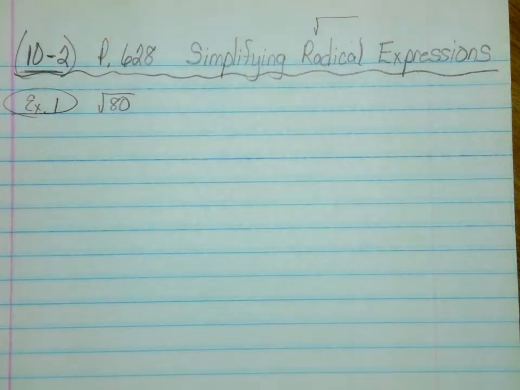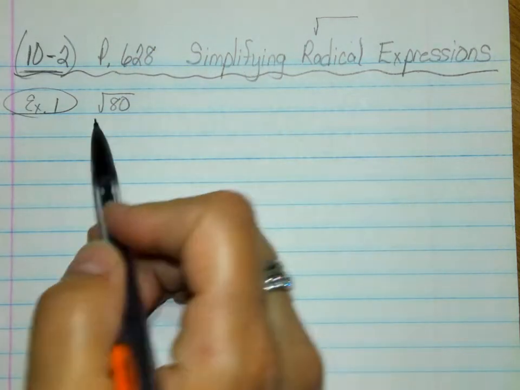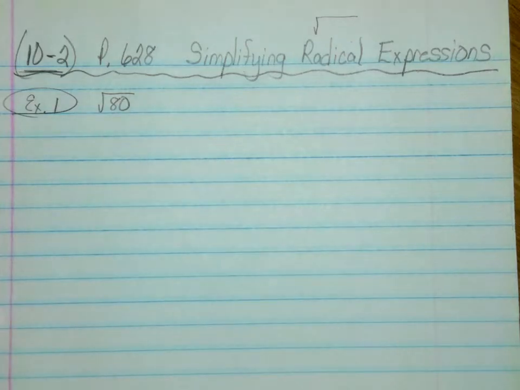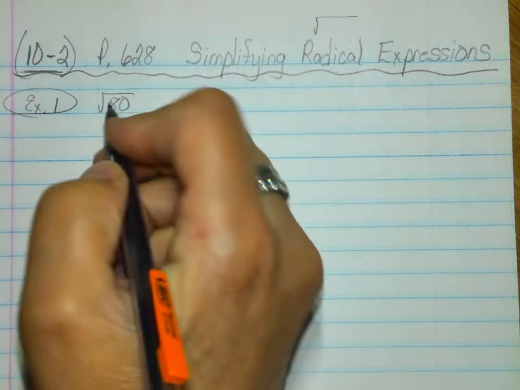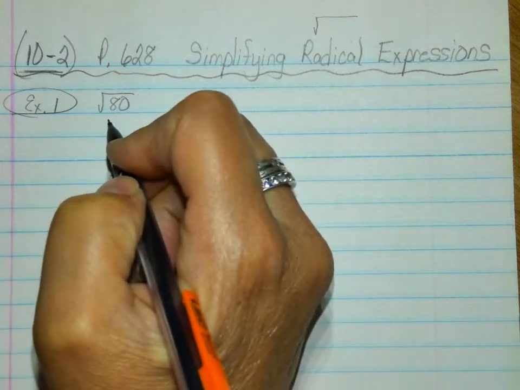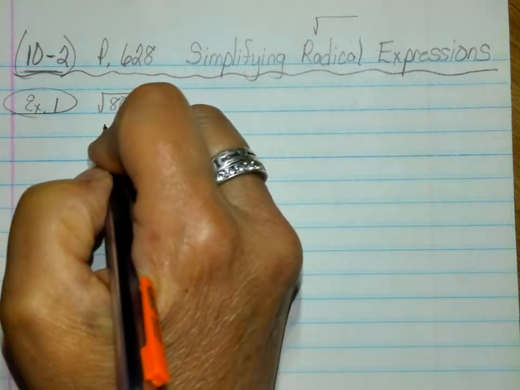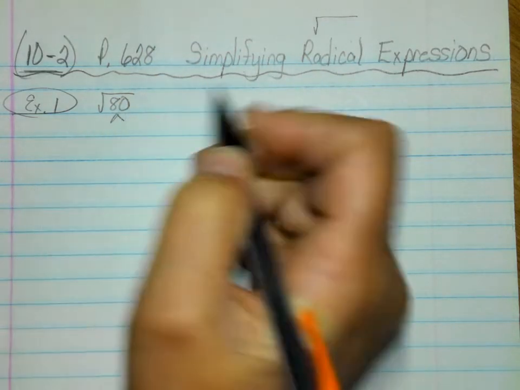The way that you simplify this is the first thing we have to do is break it down into its prime factors. You remember prime factorizations with the Christmas trees? Eventually you'll be able to do this in your head, but I'm just going to break this down.